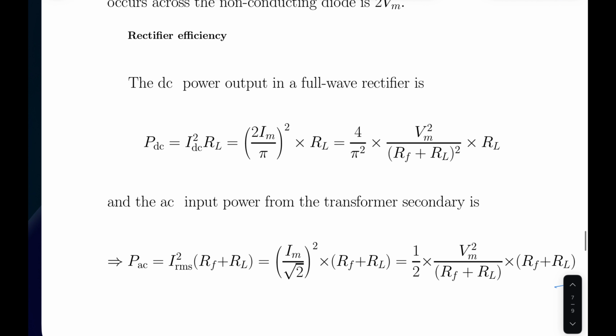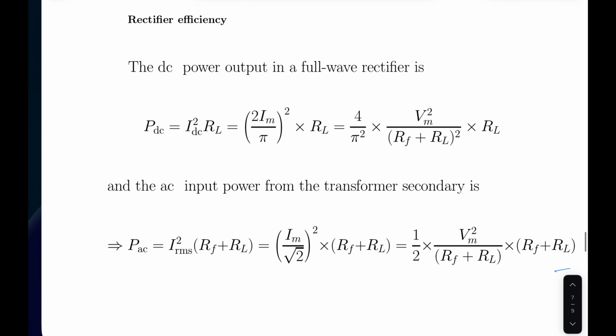Next is your rectifier efficiency. The DC power output in a full wave rectifier is PDC equal to IDC square into RL. Put the value of IDC, this is (2Im by pi) whole square into RL. So this is 4 by pi square into Vm square upon (Rf plus RL) whole square, times RL. Here we have put the value of Im and then squared it.